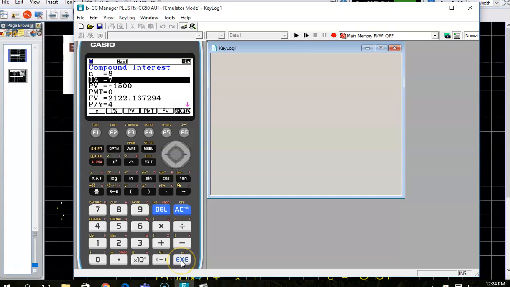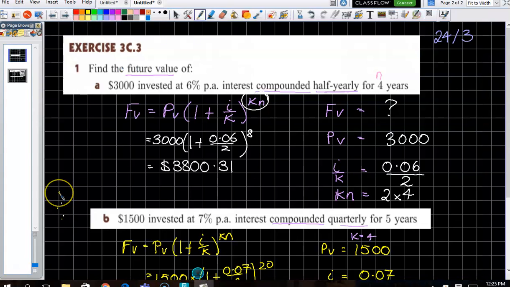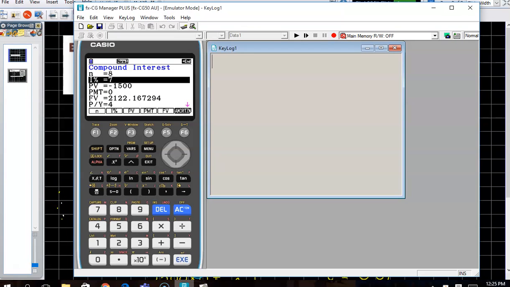You just pop it in and it does it for you automatically. And you might be going, but we know what 4 times 2 is. Well, again, think about when it is compounded daily and you want to do 7 years at 365. You just type it in. It'll do it for you. Right, what's our interest? 6. So we pop 6 here. How much are we investing?